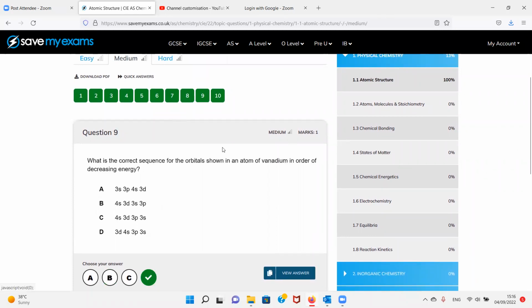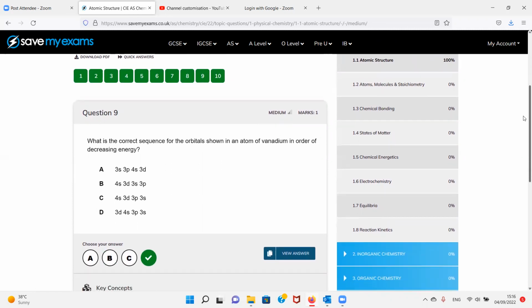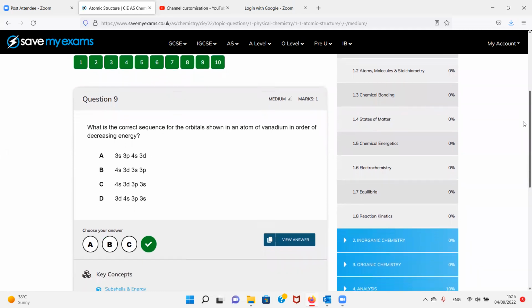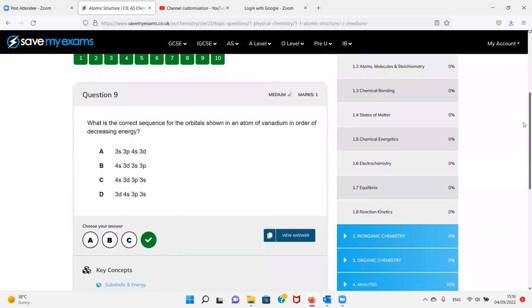Okay, and then question 9. Which is the correct sequence for the orbitals shown in the atom of vanadium in order of decreasing energy? So basically, to answer this question, you need to do the electronic configuration. And when you do the electronic configuration, you're basically starting with the lowest energy to the highest energy.